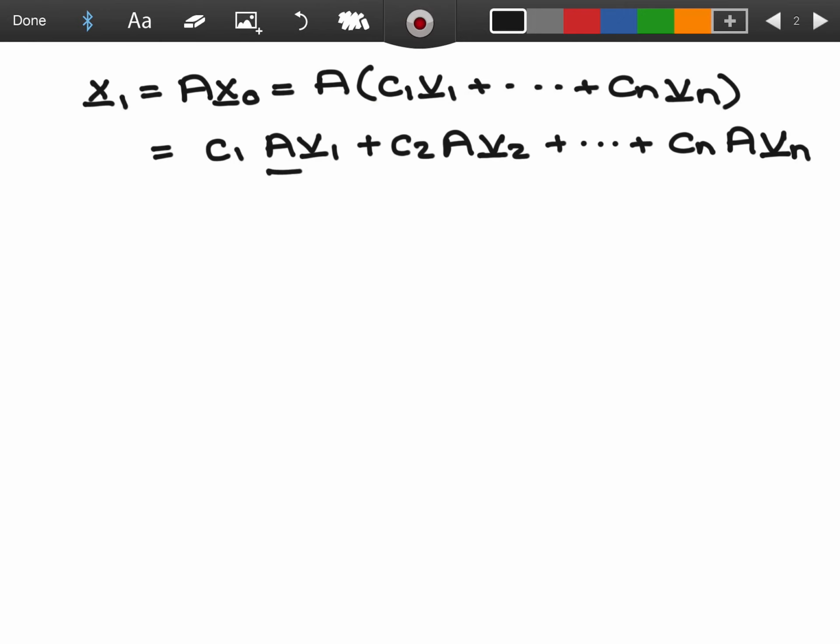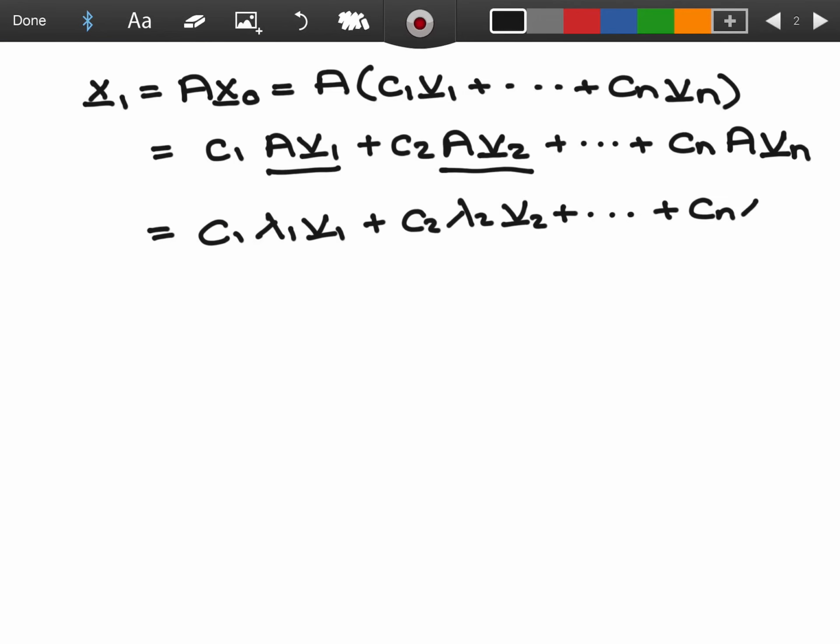So I know that Av1 is lambda 1 v1, because it's got eigenvalue lambda 1 associated with v1. Same with Av2, that's going to be lambda 2 v2, because I know each one of those is an eigenvector. Multiplying it by A is the same thing as multiplying that scalar times the vector. So that's going to be c1 lambda 1 v1 plus c2 lambda 2 v2 up to cn lambda n vn.